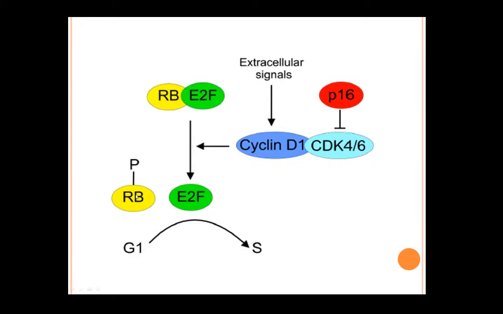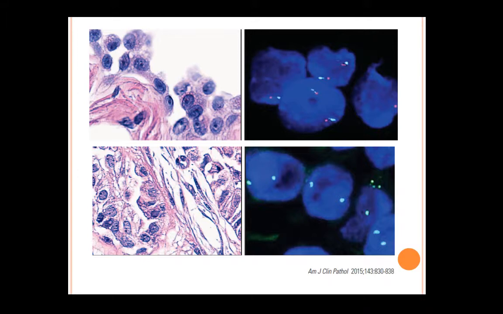However, phosphorylation of RB results in inactivation of RB and releases the transcription factors, so the cell cycle progresses from G1 to S. So loss of P16 is associated with the loss of control in the cell cycle and results in cell proliferation and tumorigenesis, which has been shown to be one of the markers for diagnosis of malignant mesothelioma.